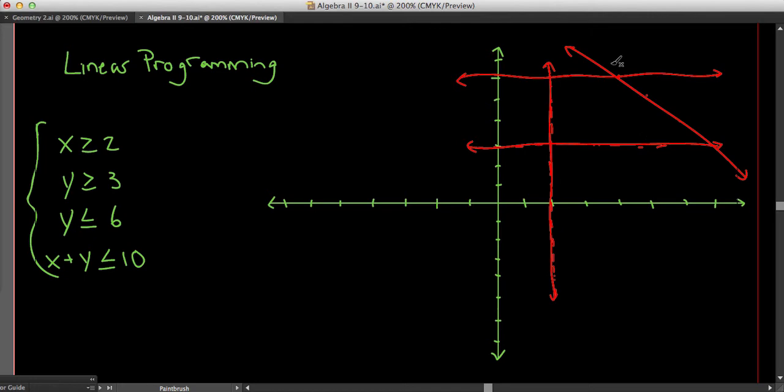So here, now we want to start looking at the inequality signs. X is greater than or equal to 2. That's all of this direction in the positive direction. Y is above 3. Y is below 6. And y is less than or below this line over here.